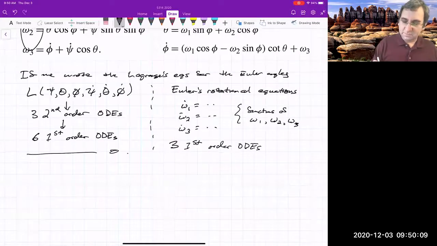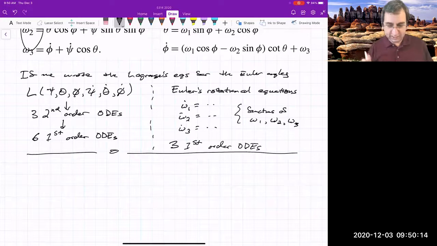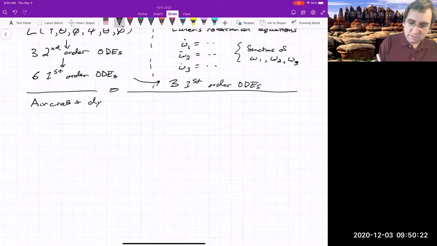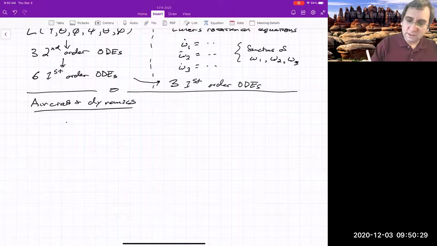So the big deal and the big savings happens. I guess this is kind of one example. I could give another. If you know anything about aircraft dynamics, and I don't, but maybe you do.